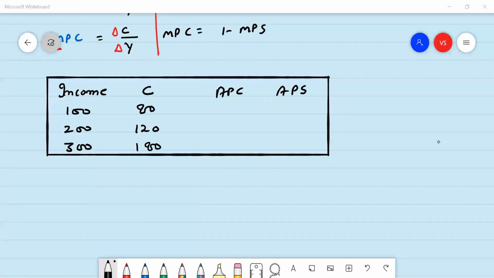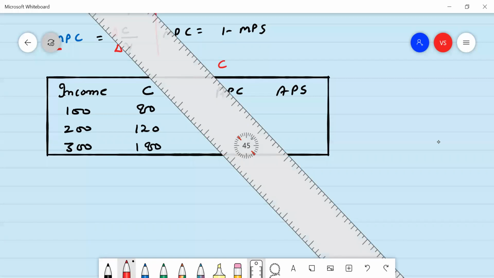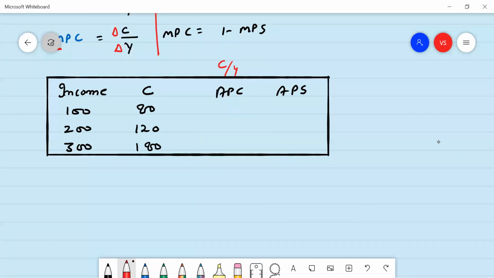So look at what you have done in your question. Some students have completed. So first of all, look clearly that APC can be calculated on the basis of C upon Y. C upon Y, this is APC.